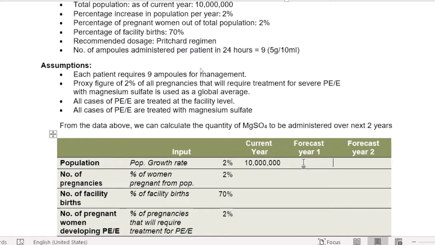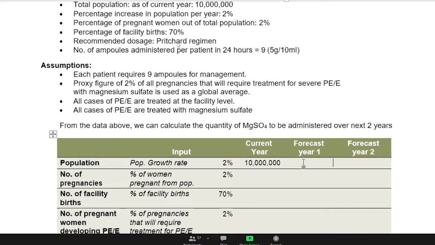Remember, we are adding on to the existing population. So what value are you getting? It will be 10 million 200,000, right?